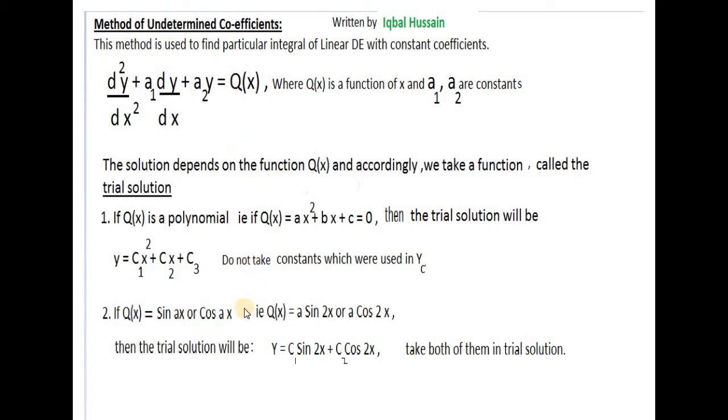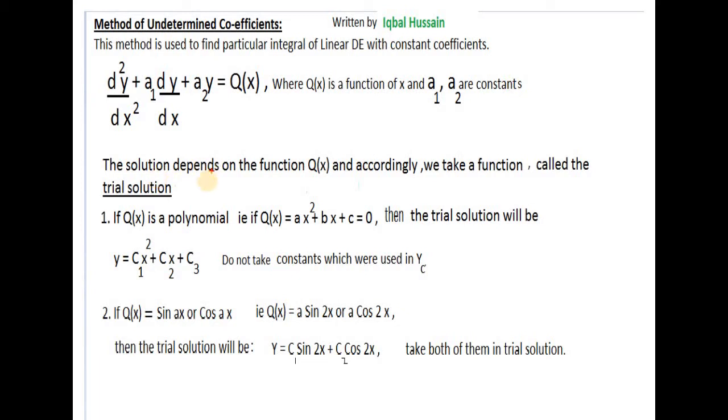On account of the function q, this differential equation is non-homogeneous, and a1, a2 will be constants. Both of them will neither be a function of x nor of y. Moreover, this differential equation will be linear. Here q of x is a function of x, and a1, a2 are constants.